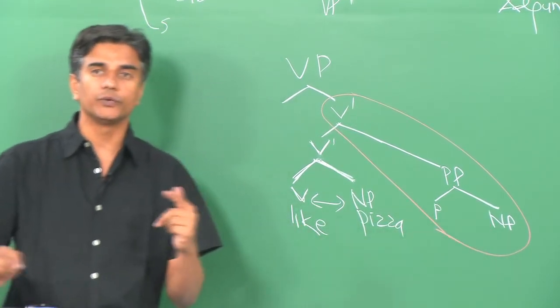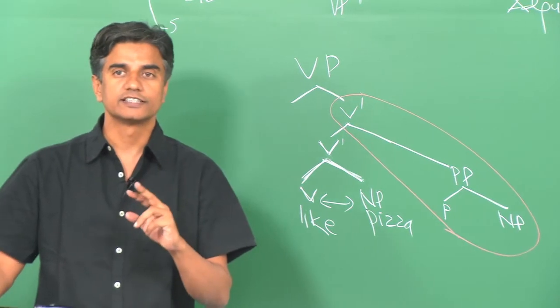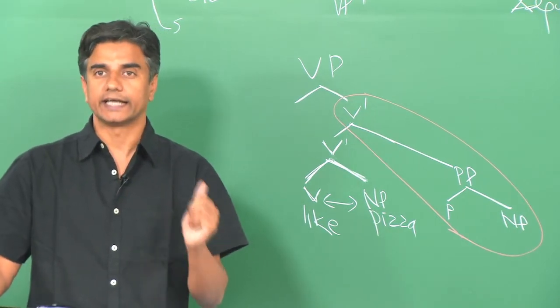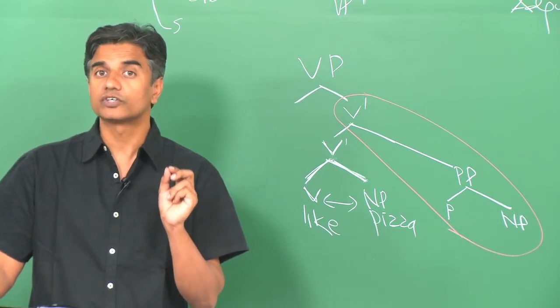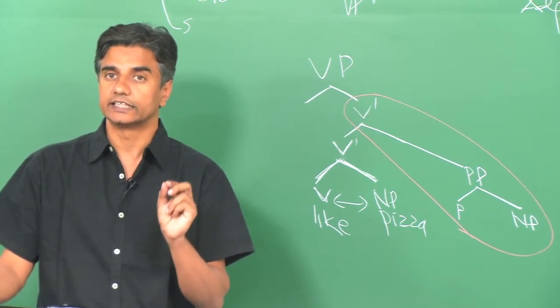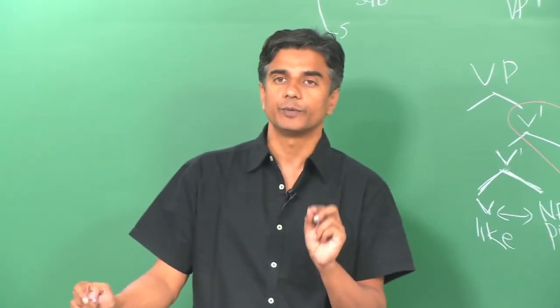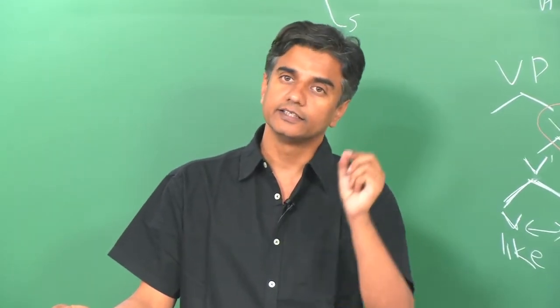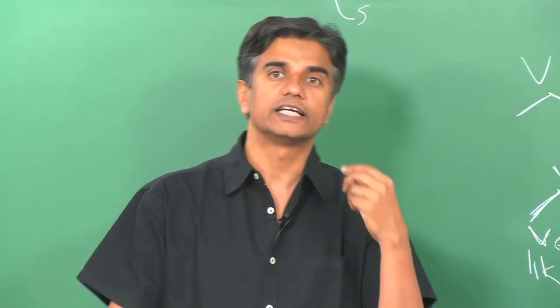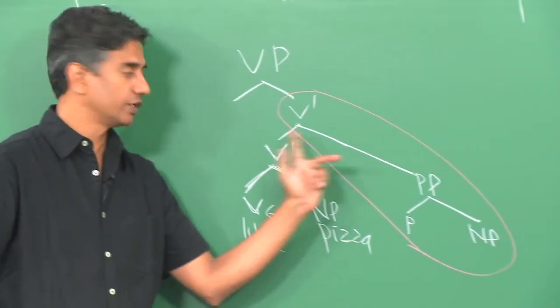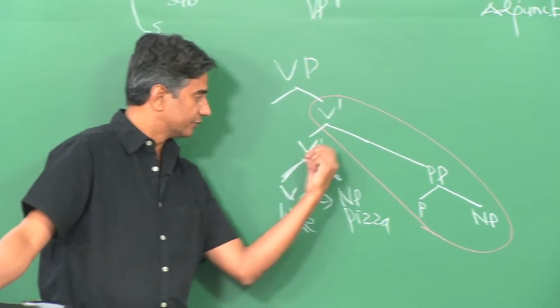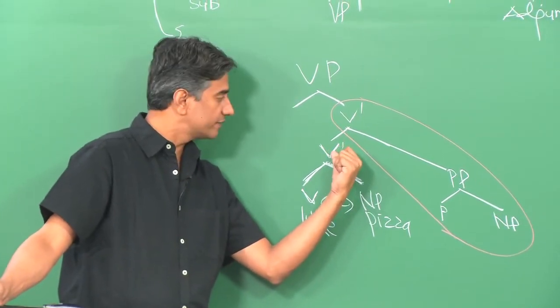So once we know that something is not subcategorized by the head, something is not crucially needed or required by the head, we put that thing in the adjunct position. We create an adjoined position, we adjoin an additional node, which we can also describe as a copy of the same node.